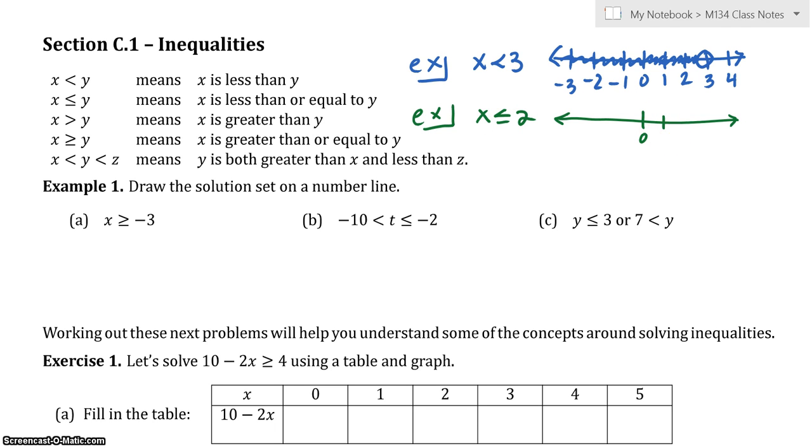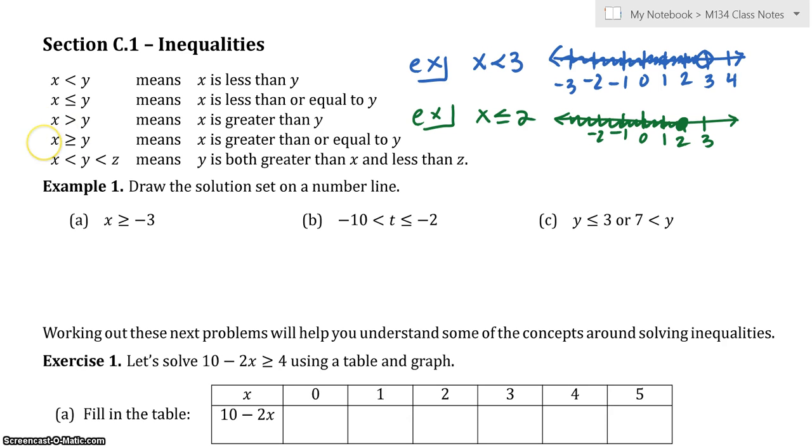So if we were to draw a number line, again, this would go on forever. It's like the x-axis, and it's even negatives, right? I'm going to shade everything to the left, all the stuff less than 2, and also 2. So that's what that means versus the first one.